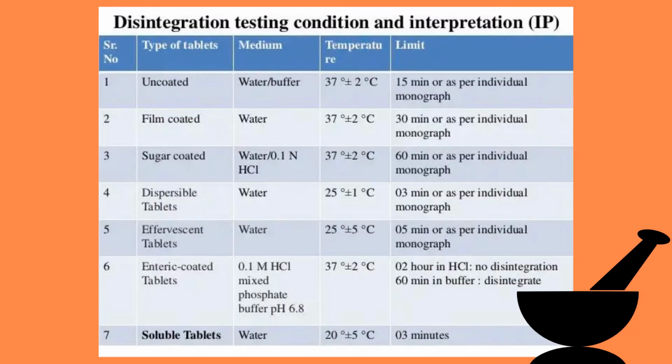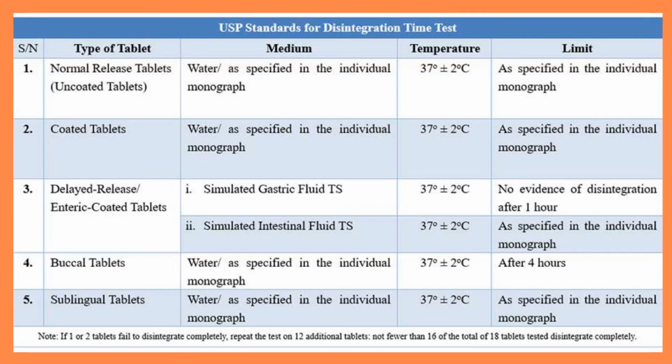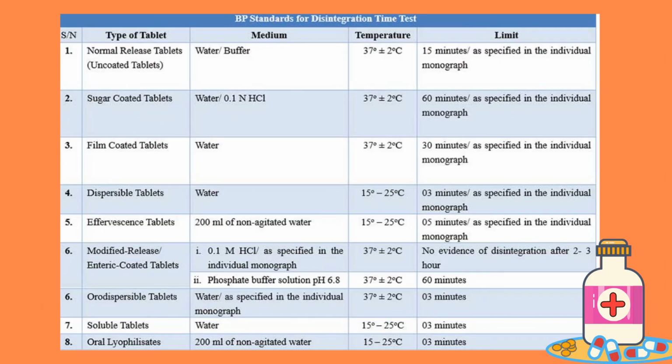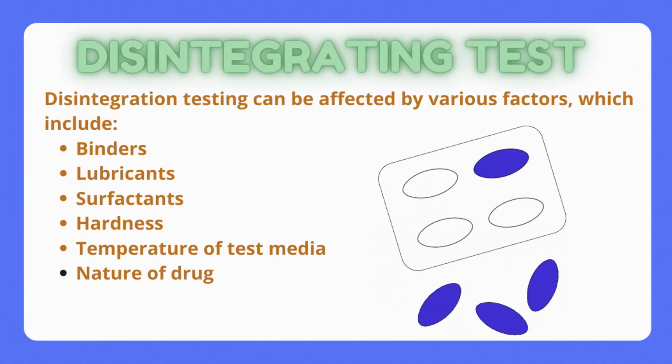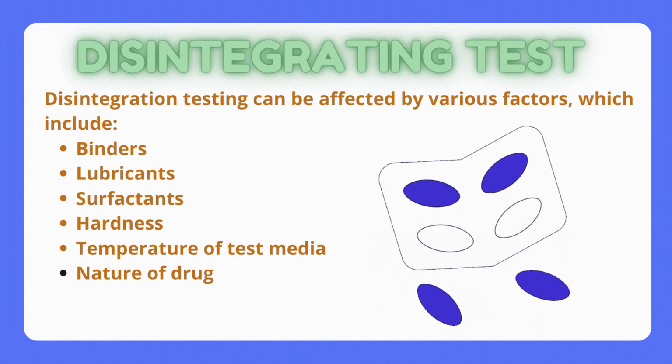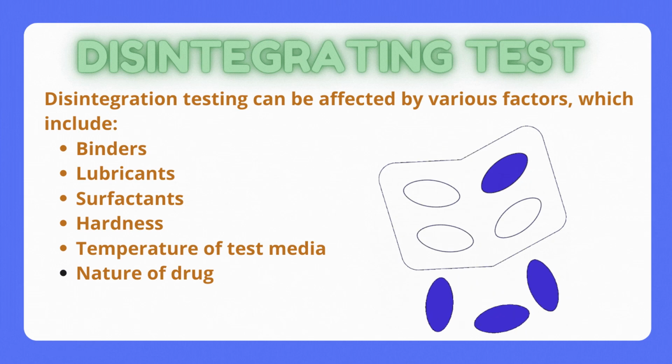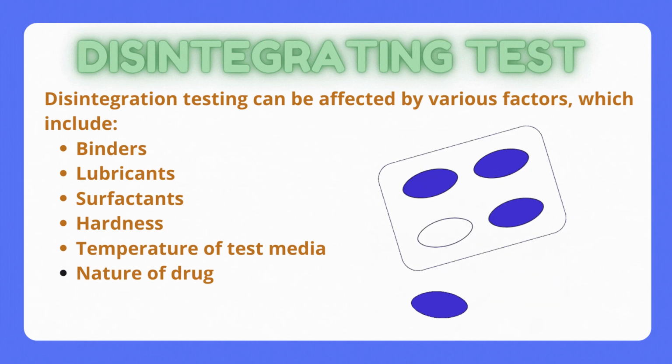Different criteria are there for different types of tablets, such as uncoated and film-coated; each type of tablet has a different disintegration time. The disintegration test is affected by several factors, which include binder strength, lubricants, surfactants, hardness, etc.